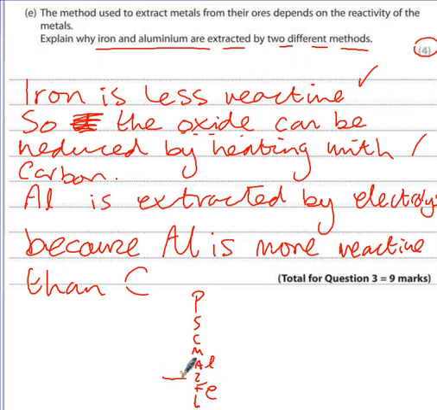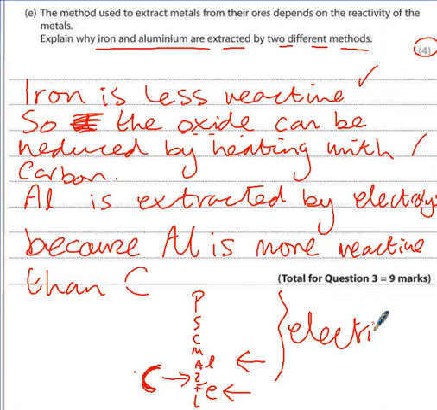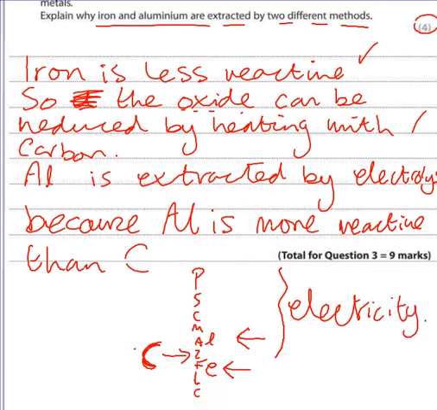Carbon would be in between them. So carbon can reduce iron oxide to get your iron, but it couldn't reduce aluminium oxide to get aluminium. So we need electricity for these ones up here.